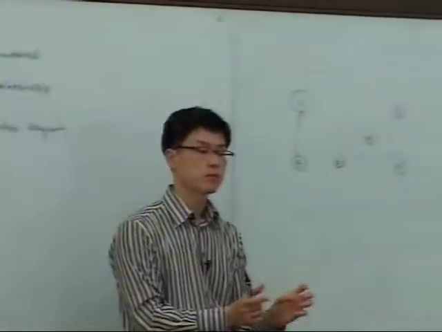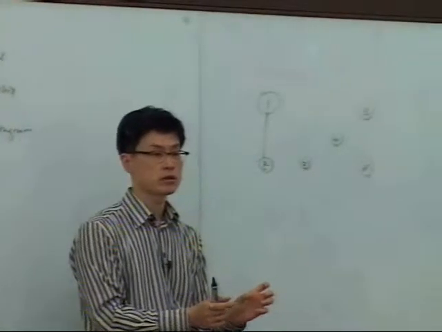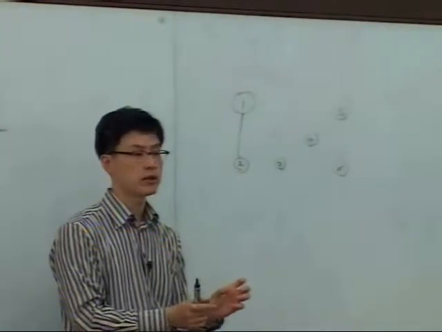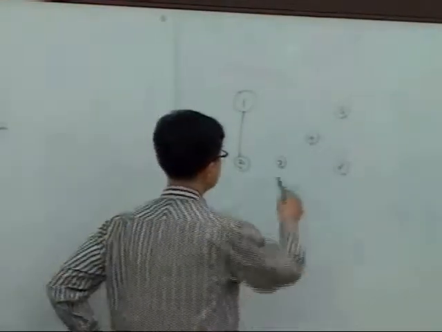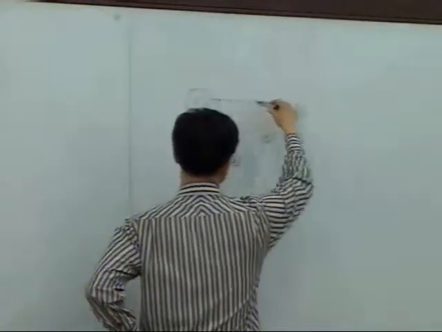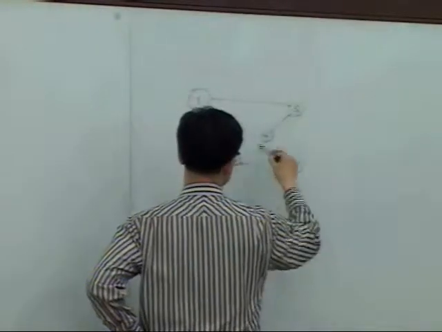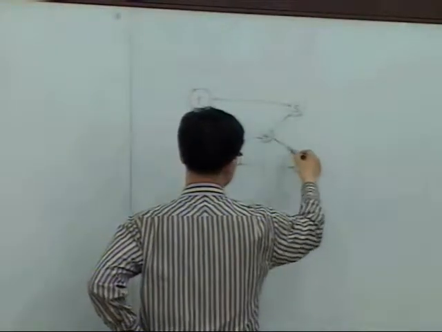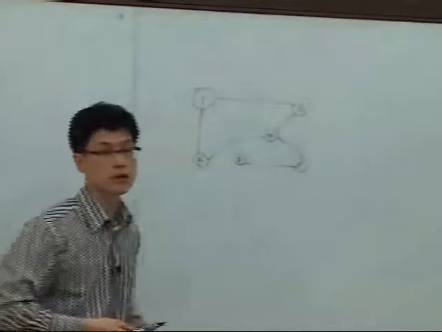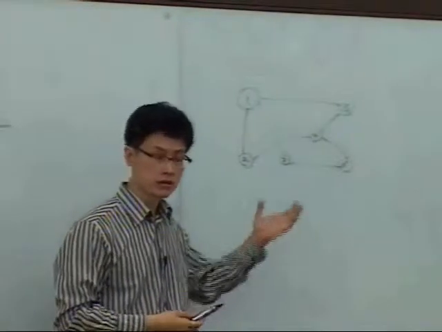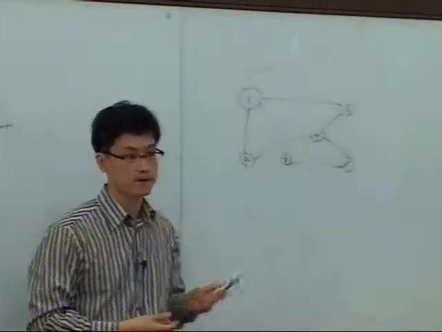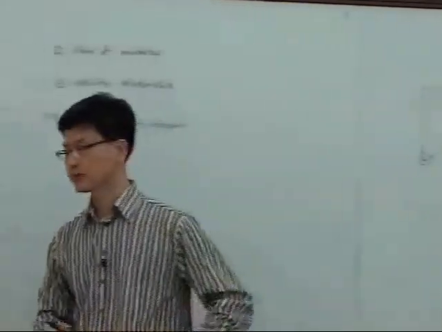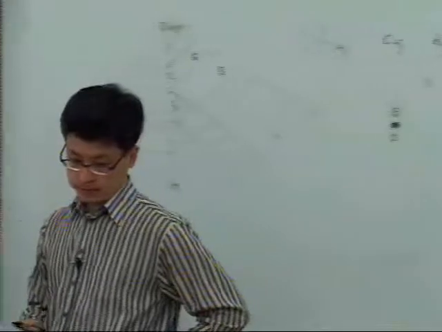Some two departments may not be related at all. So, for example, this kind of diagram we can draw. This is the relationship diagram.